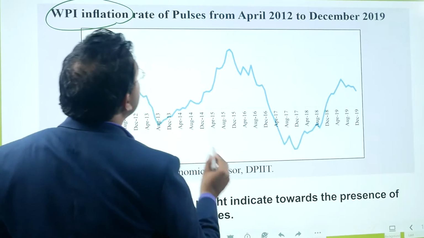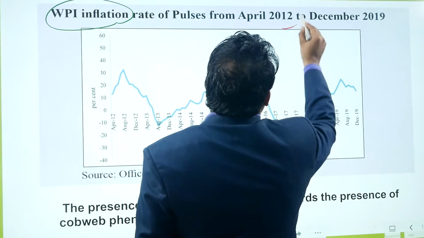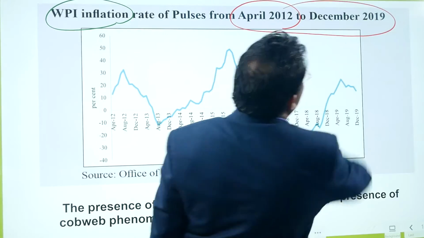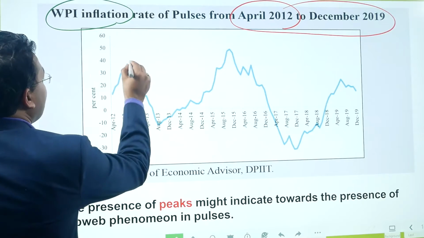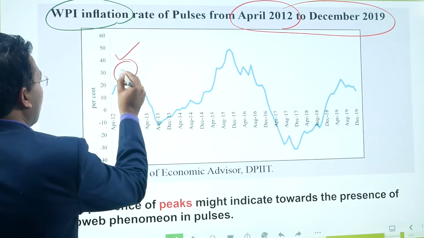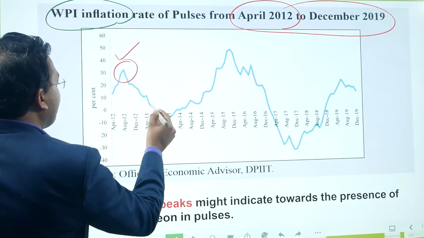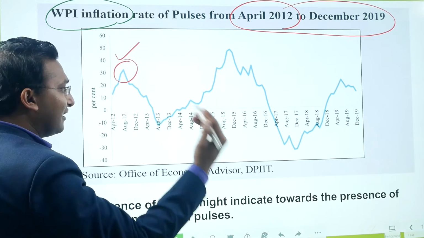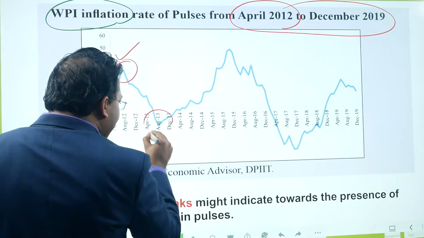So in case of pulses, this WPI inflation rate from April 2012 to December 2019, over a period of 7 to 8 years, we can see there are extremes of prices. So here the prices are very high. Now based upon this price, farmers start producing more pulses. So supply increases, demand does not increase suddenly. So ultimately the prices come down.